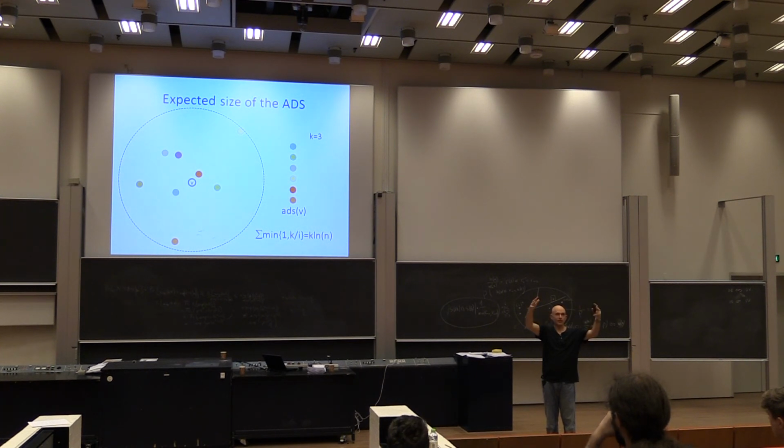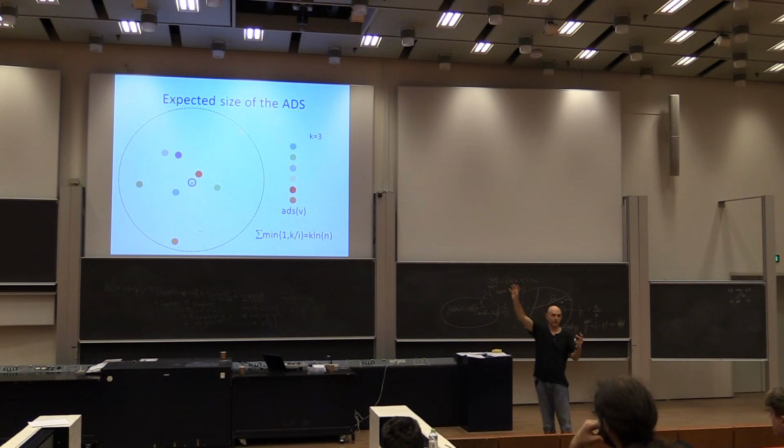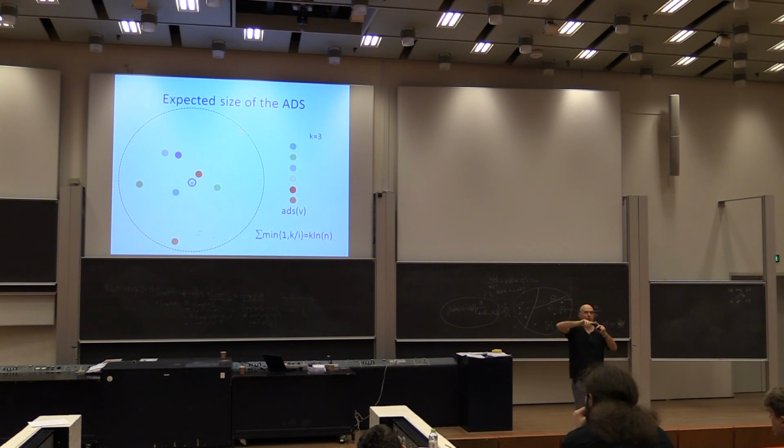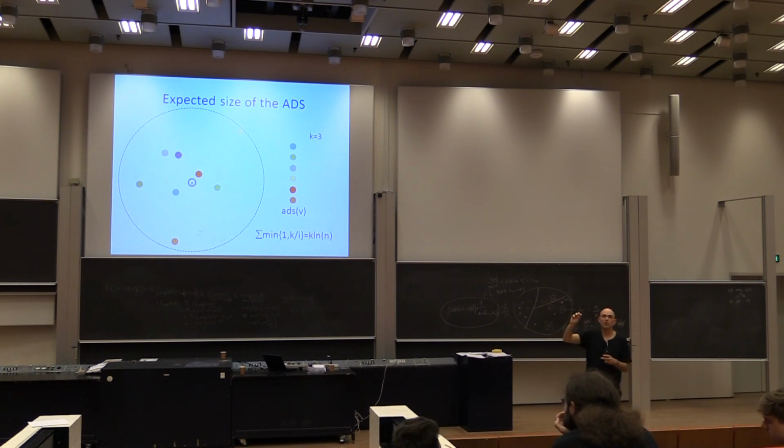The ith vertex gets into the sketch if it's one of the k smallest among the first i, ordering the vertices according to the distance from v. So the probability, if the ranks are random in (0,1), that the ith vertex gets into the sketch is k over i.